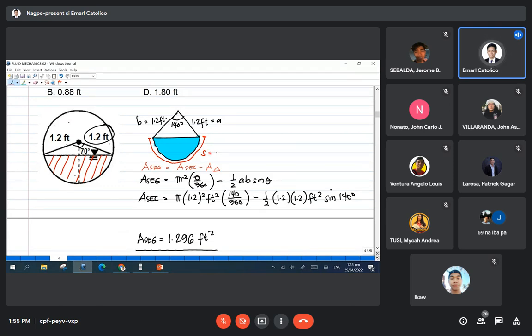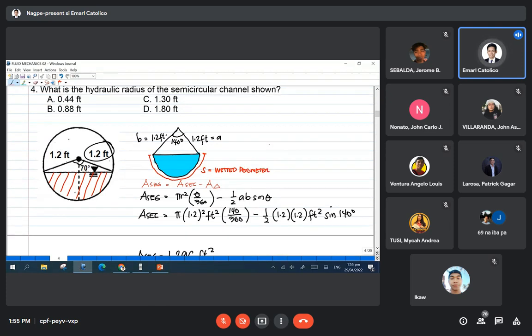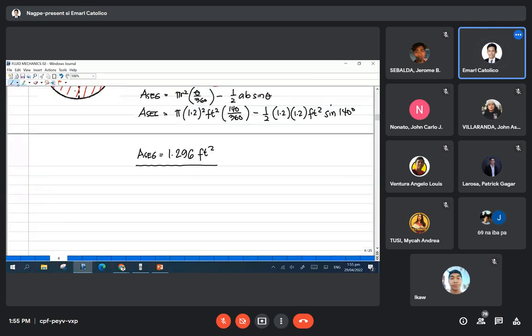Length of arc is equals to wetted perimeter. So balik ulit tayo ng solid geometry. Formula ng arc: perimeter ng circle 2 pi r, then ratio lang ng angle. Yan yung simplest na formula.